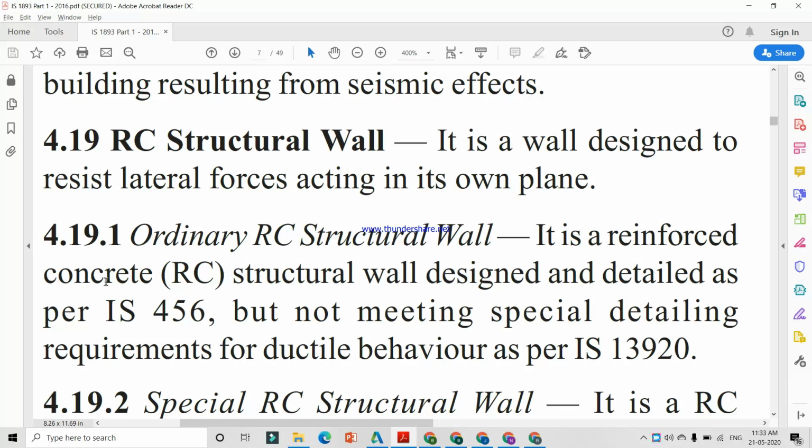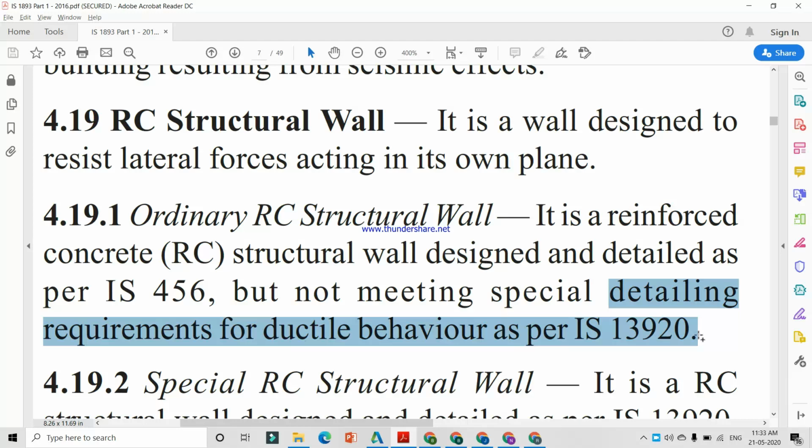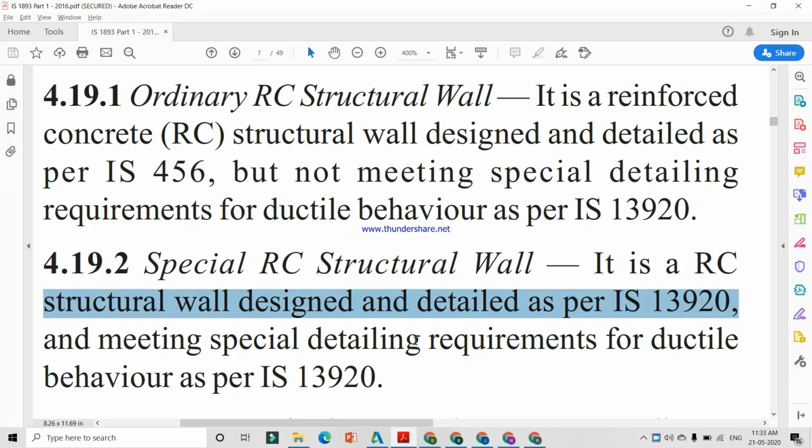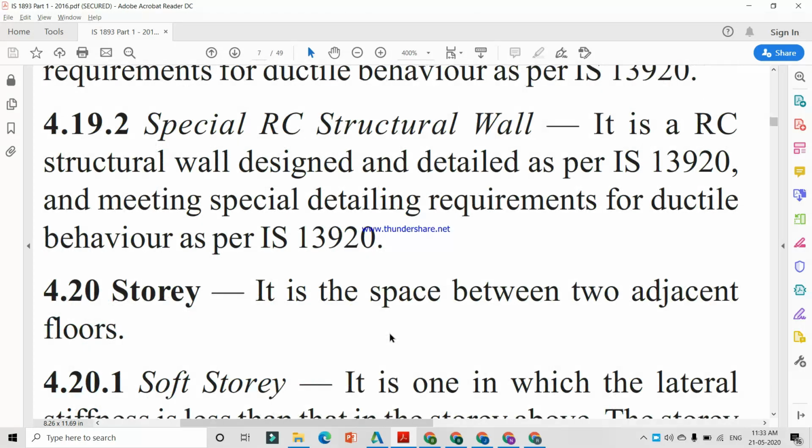This is a reinforced concrete structure in which wall design and detailing is as per the IS code, but they are not meeting special ductile detailing as per IS 13920. In the case of special RC structural wall, you have to design and detail as per the ductile detailing of IS 13920.